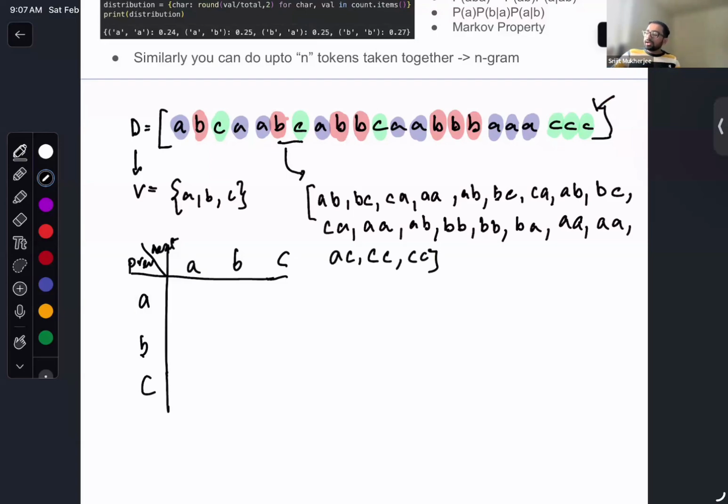So there are 22 here. Ideally, here it will be 21. So let's count: 1, 2, 3, 4, 5, 6, 7, 8, 9, 10, 11, 12, 13, 14, 15, 16, 17, 18, 19, 20. Venkata is right. So there is one BB missing. Tell me where it is.